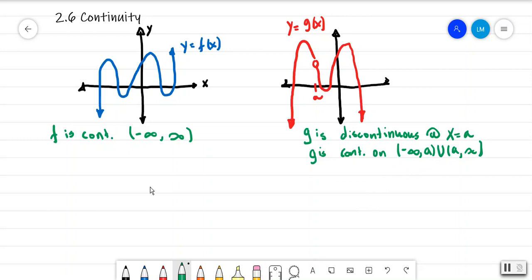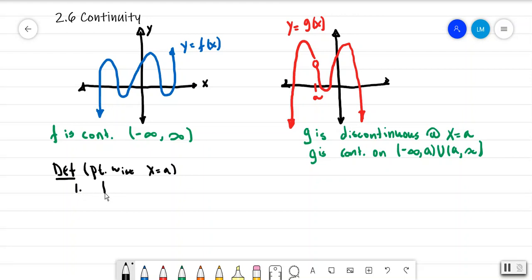Normally, whenever we talk about continuity, we actually have three checkpoints. If we look at the continuity pointwise for x equals a, then there are these little checklists.